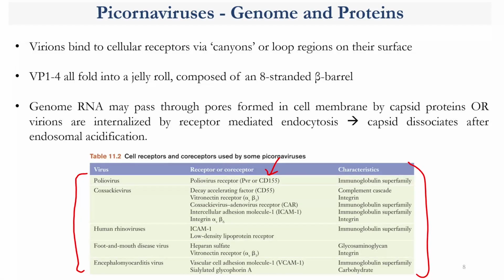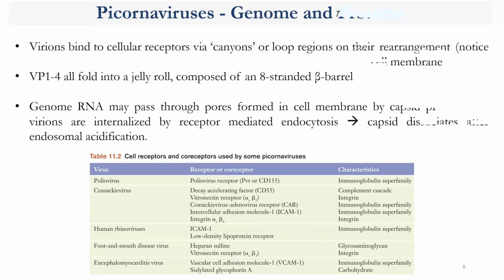The immunoglobulin superfamily, okay? So they belong to the immunoglobulin family of proteins. A lot of these receptors, they belong to that family, okay? But not to say that the other types of receptor don't exist, they do. In this example, what you're looking at is mostly immunoglobulin superfamily, okay?